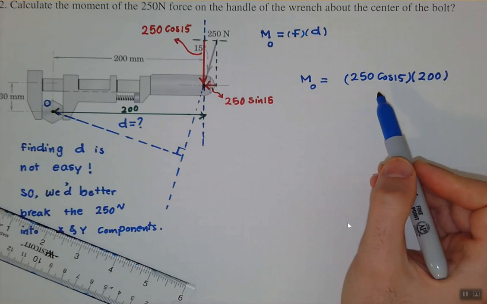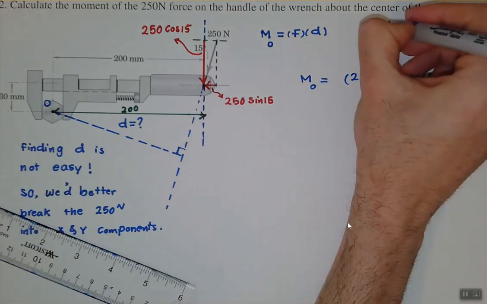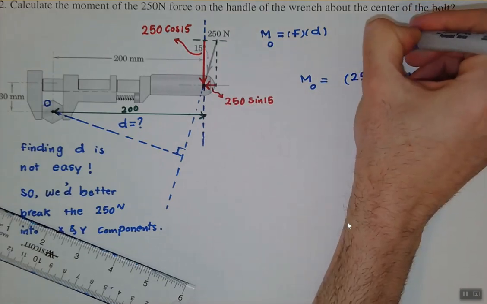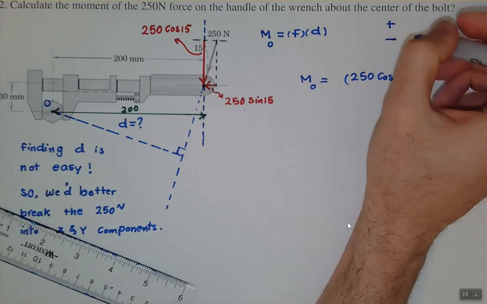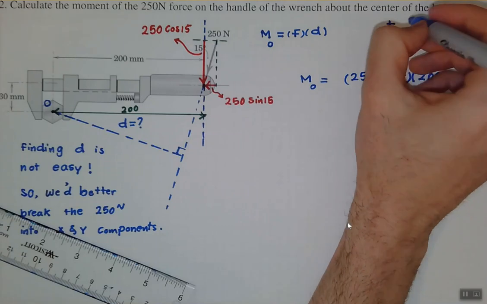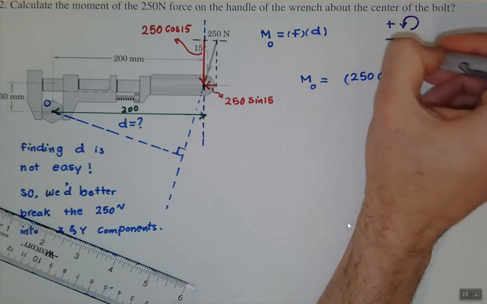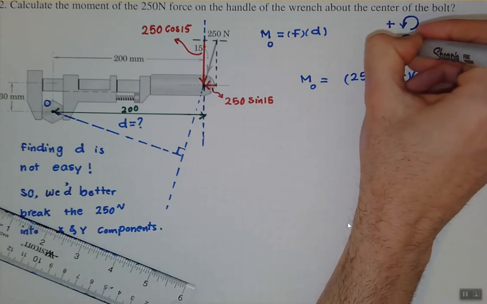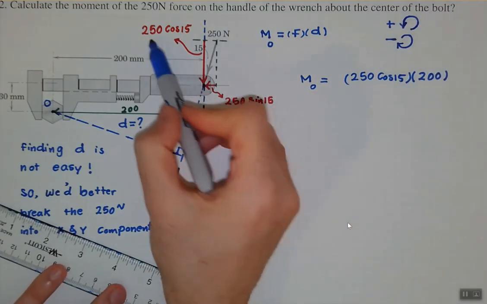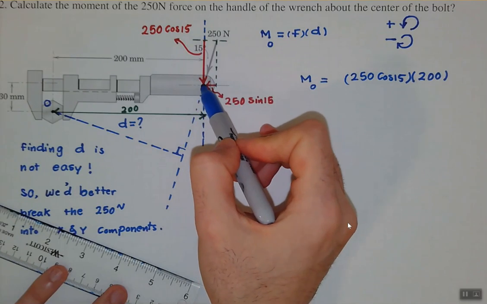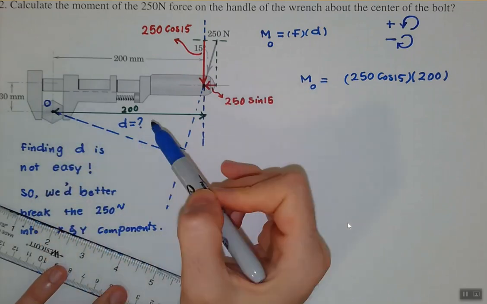One more step we need to do is the sign. Do we want a positive or a negative sign, right? So as I explained during the lecture, our convention is that counterclockwise is positive and clockwise is negative. Our task here is to figure out if this load is trying to rotate this bolt clockwise or counterclockwise.